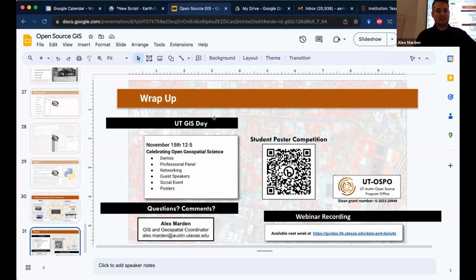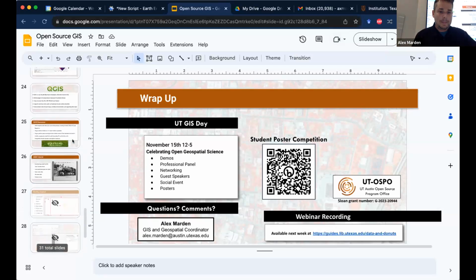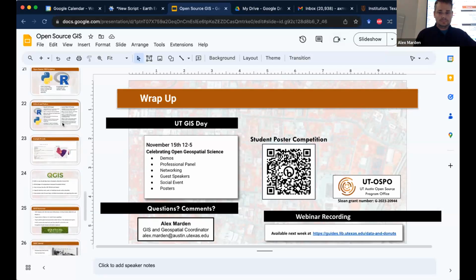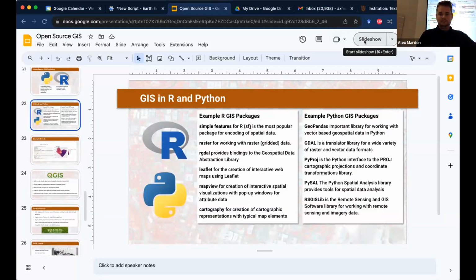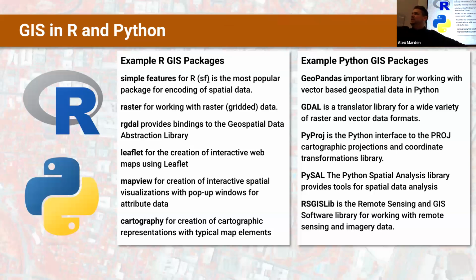So we'll go back to this package list here. Yeah, and so these different packages are going to give you lots of different GIS capabilities. And again, for example, leaflet is on here, and that's if you're interested in creating interactive web maps, right?